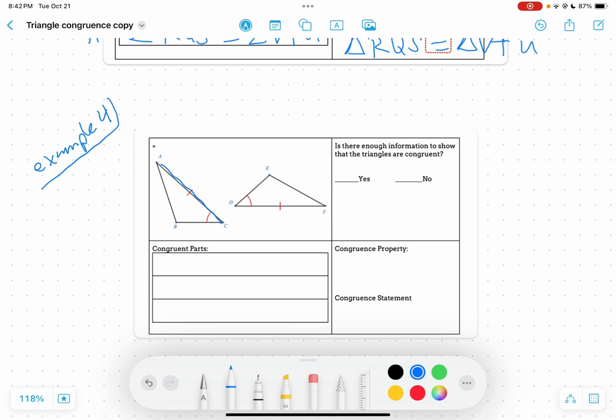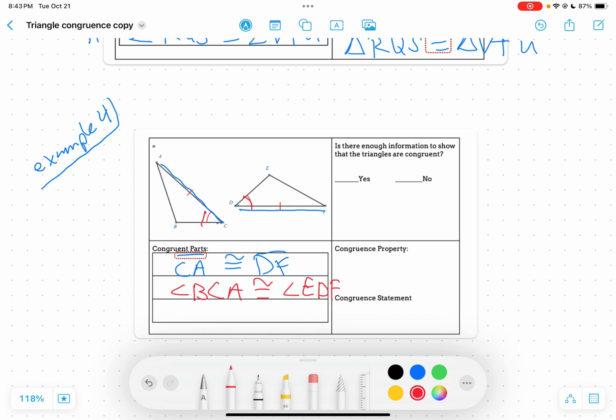So let's start with the sides. I have one pair of sides congruent, and I can see that D and C line up. So I'm going to say side CA is congruent to side DF. So I have one pair of sides, and then they're also giving me this angle. So that's angle BCA is congruent to angle EDF.